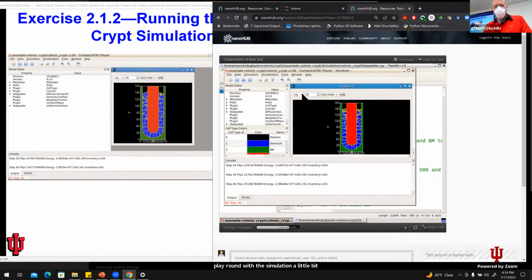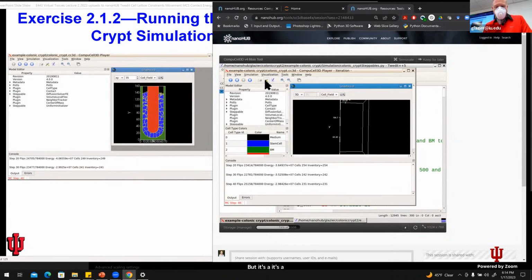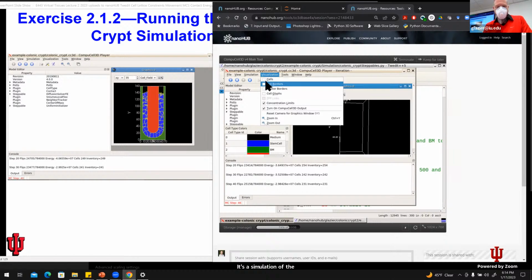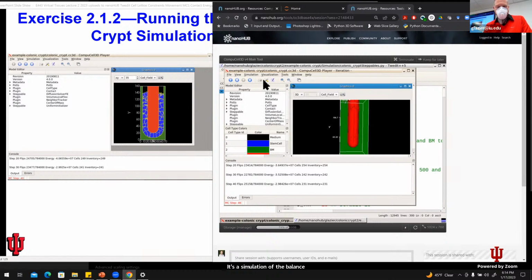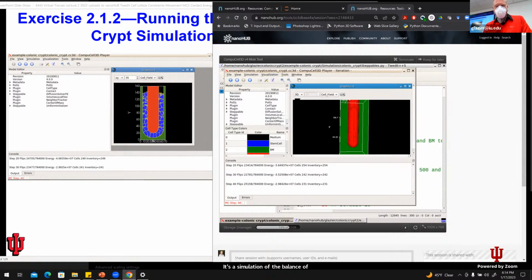Exactly what this simulation is and what it does is something we could talk about. It's a simulation of the maintenance of cells in the gut.